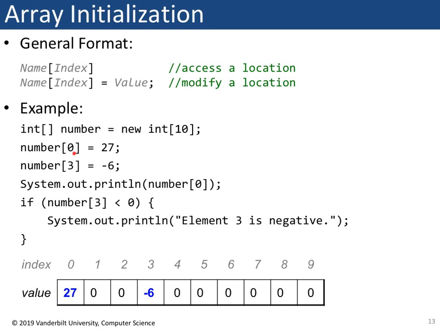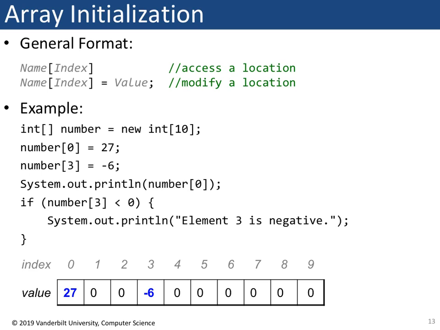So here we are using an integer expression to give us the index that we want to modify, and that integer expression is, in this case, just an integer literal. In the next statement, we are going to modify element 3 by setting it equal to -6. So we assign the value -6 to element 3 in our number array.